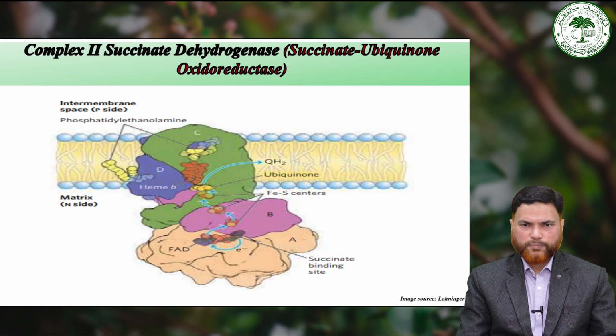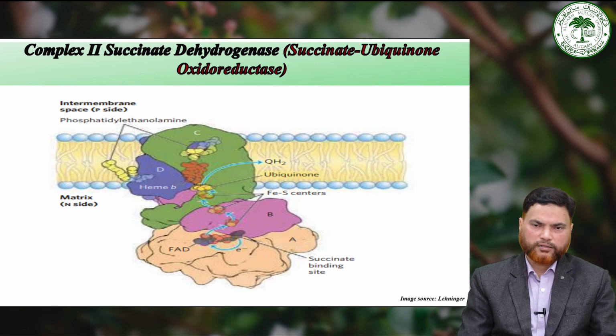This complex also plays a very crucial role in electron transport, and complex 2 is distinct from complex 1 and is integral to the electron transport chain. I will discuss how this complex imparts different functions like catalytic functions.